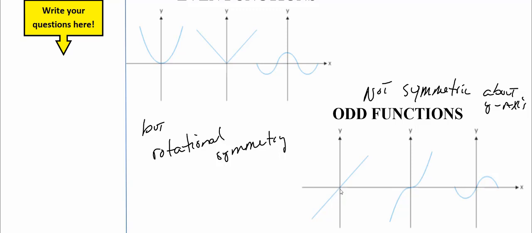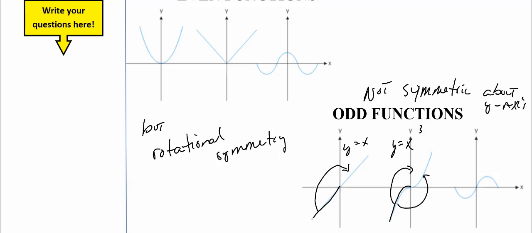What I mean by that is this. If I take this linear function, y equals x, and I take this piece here and rotate it 180 degrees, I will then get that other piece. The same thing here: this is y equals x cubed, and whichever way I rotate it, it's 180 degrees, so it doesn't matter.